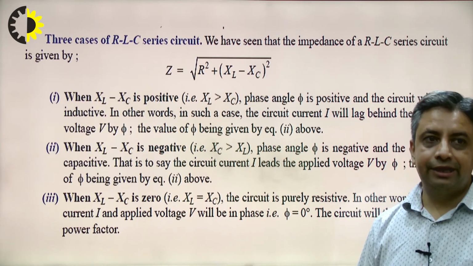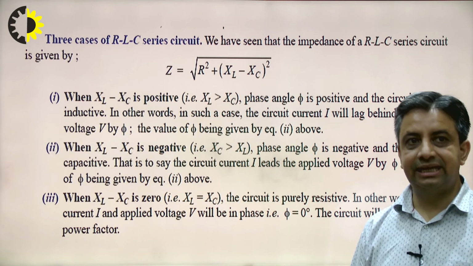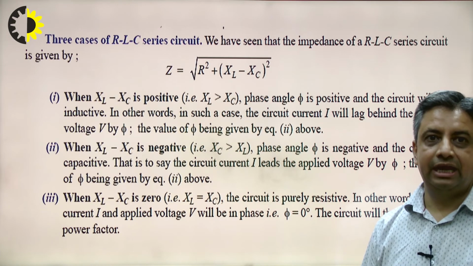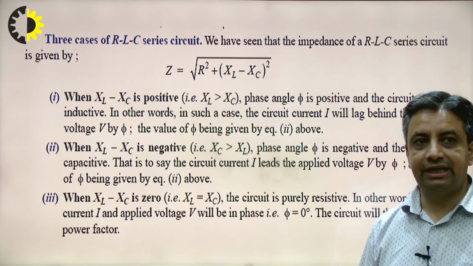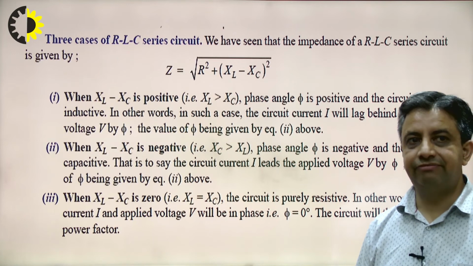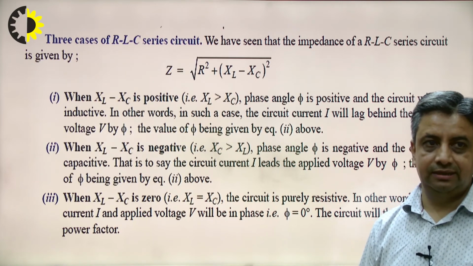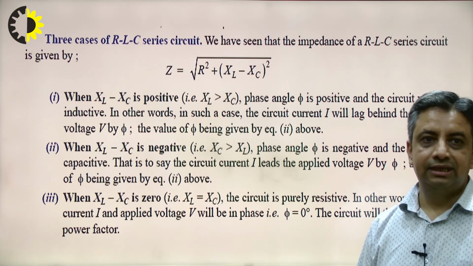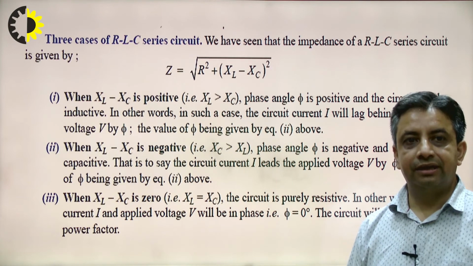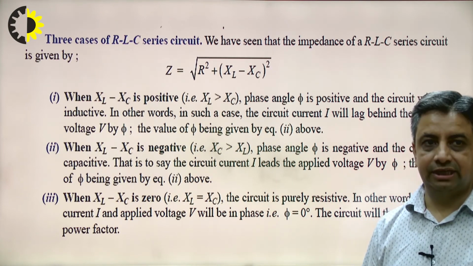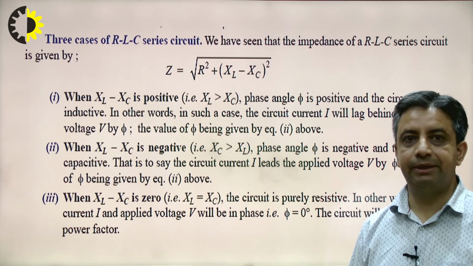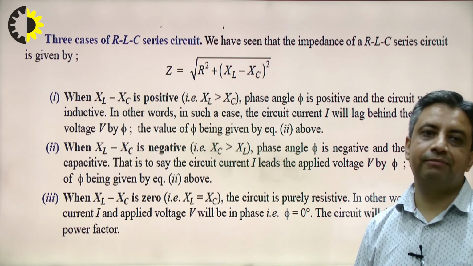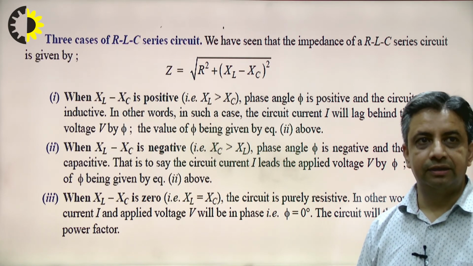In the second scenario, if XC is greater than XL, then the net reactance will be negative, and this circuit will behave as a capacitive circuit. And in the third situation, if XL becomes equal to XC, then the same circuit will behave as a purely resistive circuit, because the reactance component will become equal to 0. So the phase angle will be equal to 0 and this circuit will have a unity power factor.